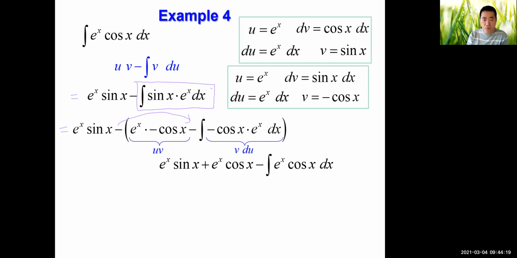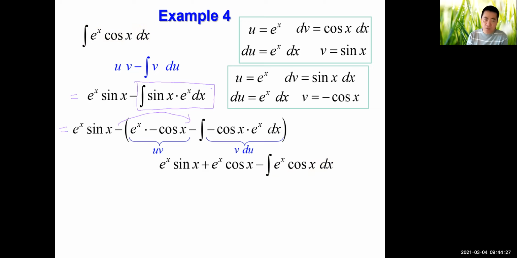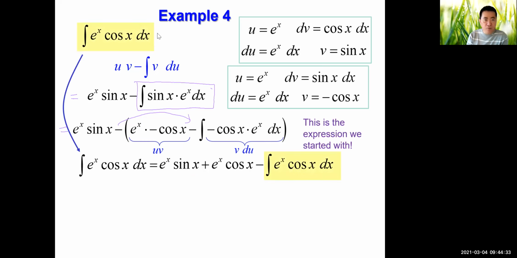However, we can actually solve this problem, not easily, but with some trick. Let me pull this original problem down so you can see.